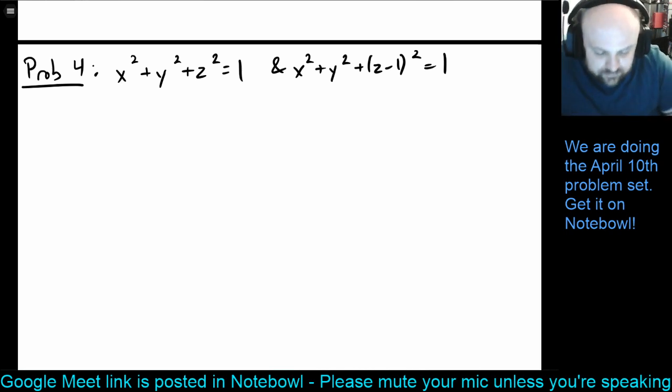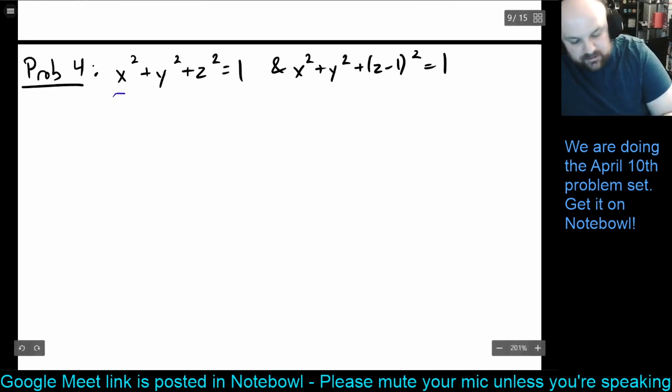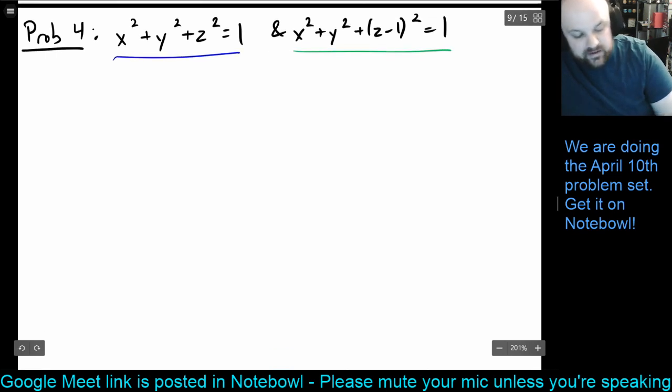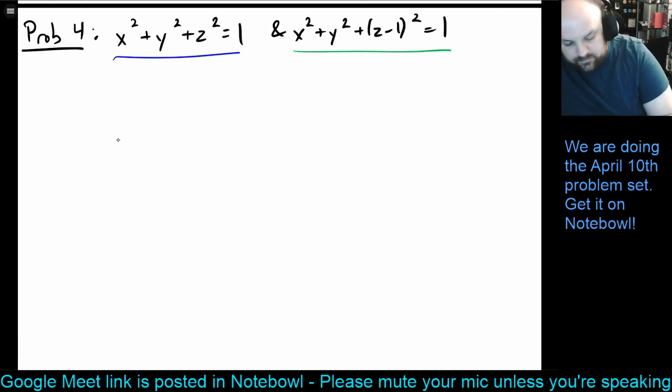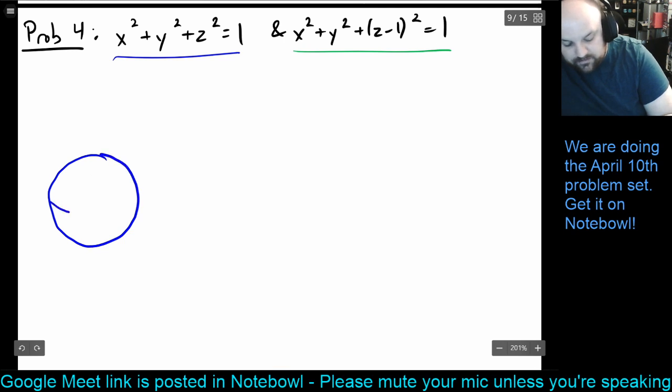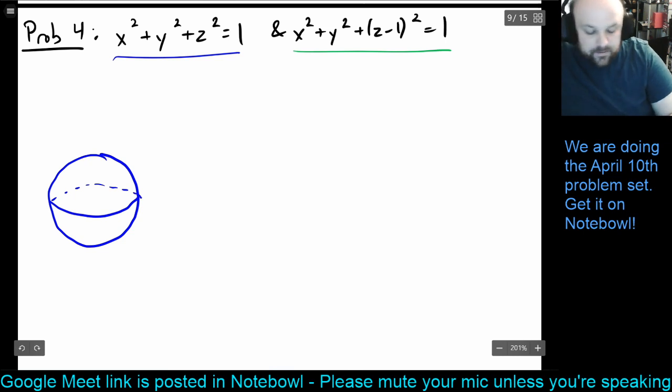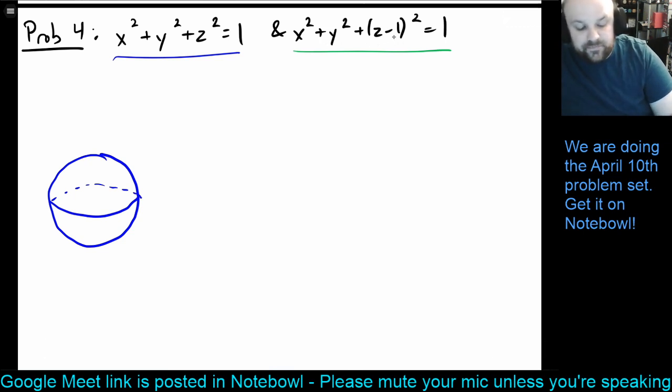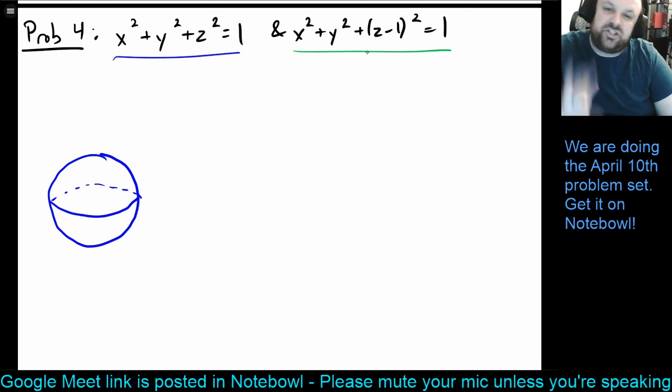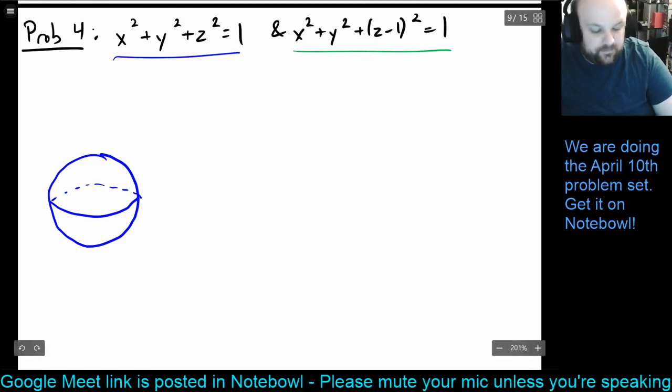So I'll say this one's the blue one and this one's the green one. These two spheres, so this one's centered at the origin. One sphere. This sphere is the same radius, but it's shifted up by 1 unit.